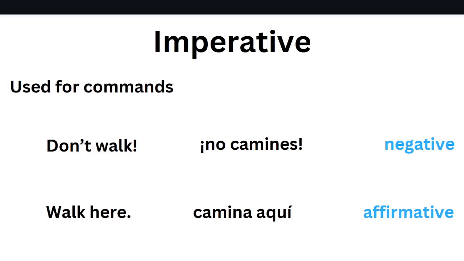And so there's a way how we conjugate negative and affirmative commands in Spanish, and that is under the imperative mood, right? So all of these things in Spanish are conjugated differently because of the mood it's under, as well as the tense that we use when we're trying to communicate in Spanish.